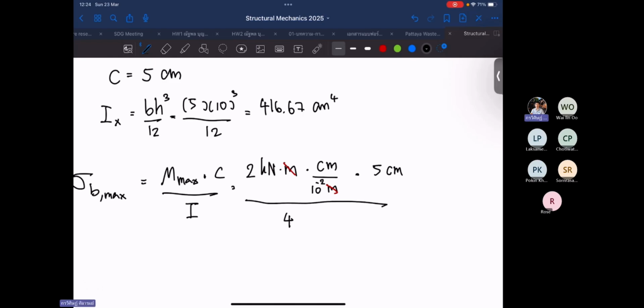I is 416.67 centimeter to the power of 4.